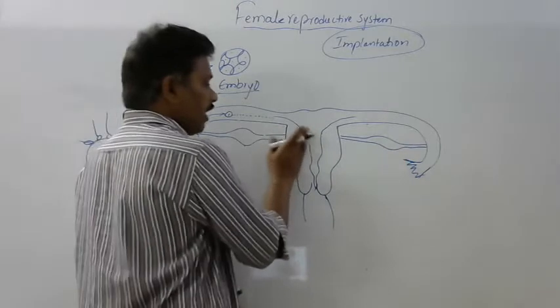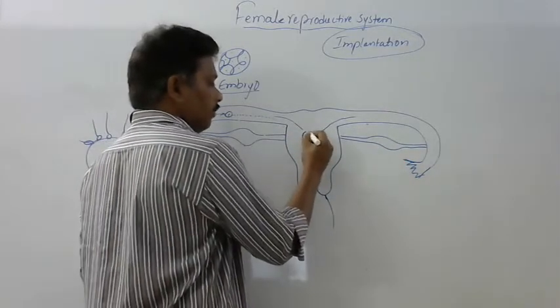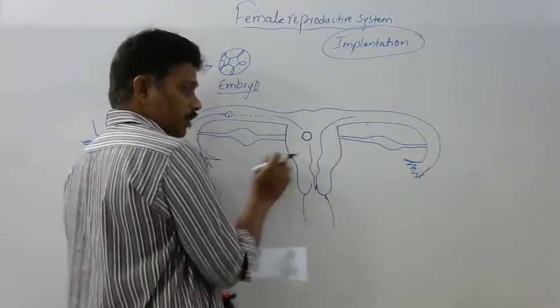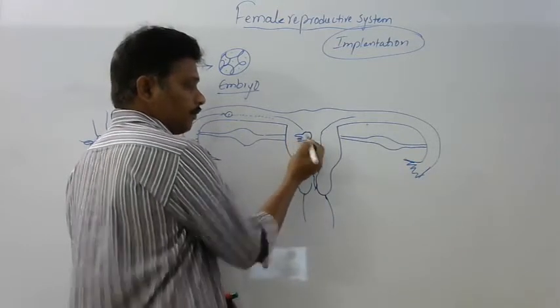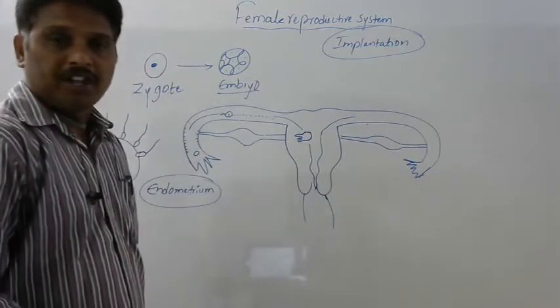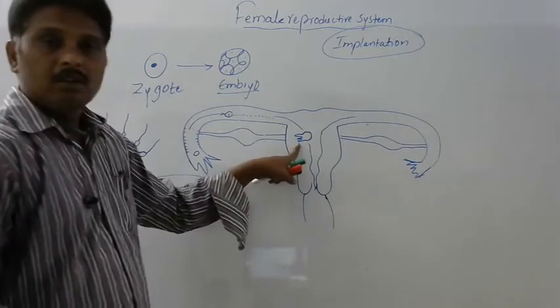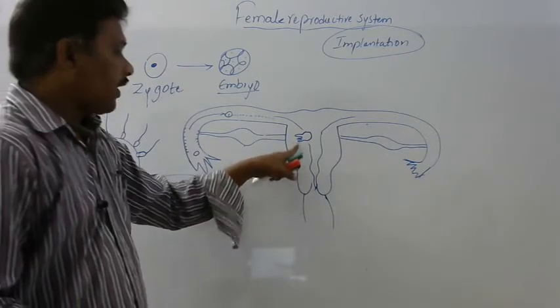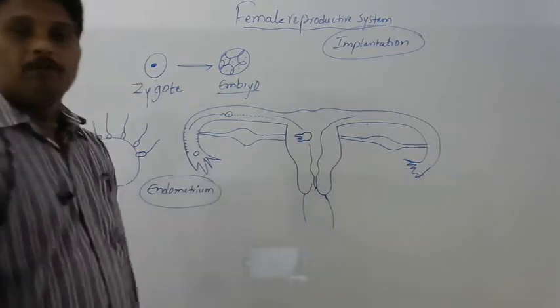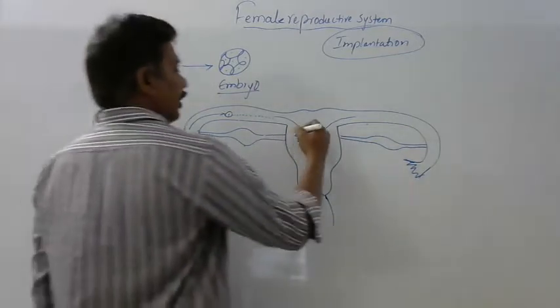After sinking down, please listen carefully, this embryo produces some finger-like projections. These finger-like projections are called chorion.